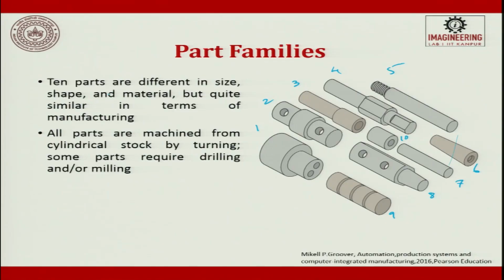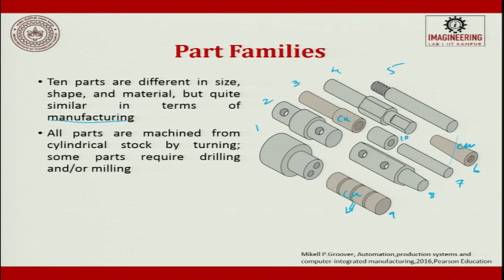So, here if you see, 10 parts are different in size, shape and material. I have not talked about the material, let us assume these are different colors. So, this is copper, this is copper, this is copper, rest all are aluminum or steel, but the part family does not look at the material at all. The 10 parts are different in size, shape, material, but quite similar in their manufacturing process.